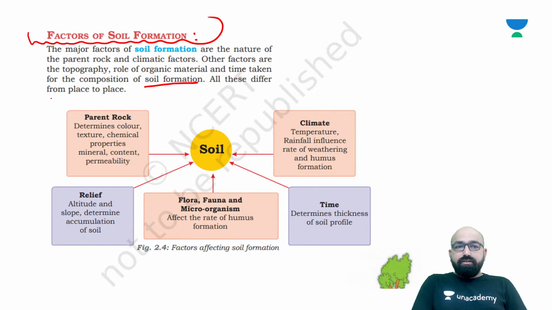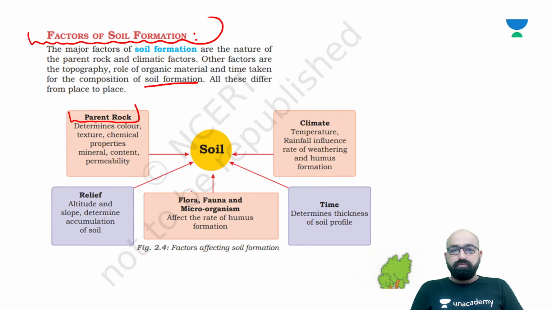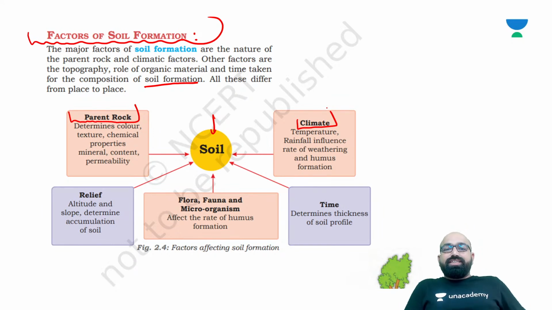Now, see, the parent rock determines color, texture, chemical properties, mineral content, and permeability. Then climate, like temperature and rainfall, influences the rate of weathering and humus formation.